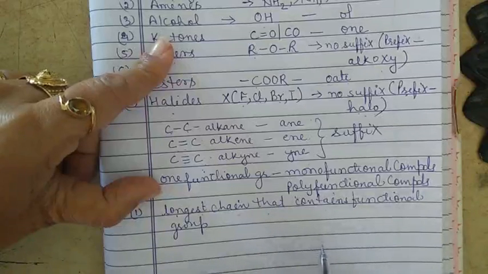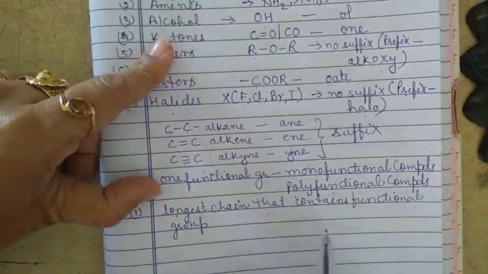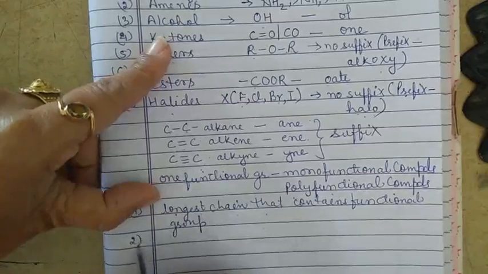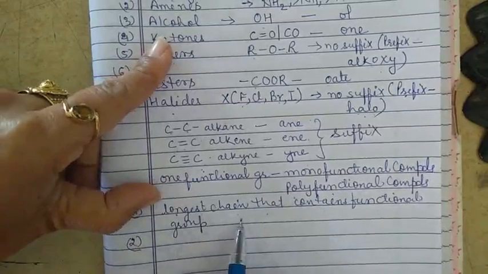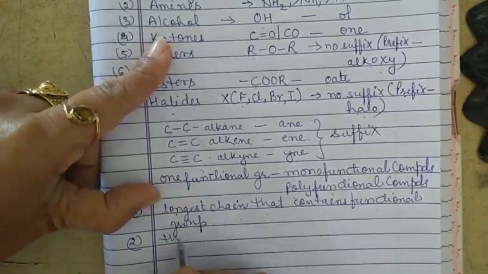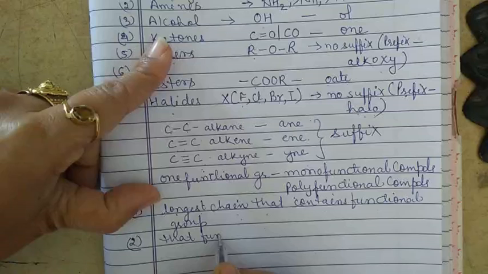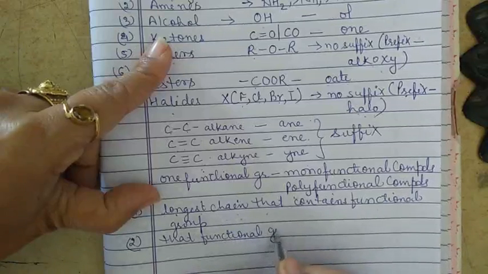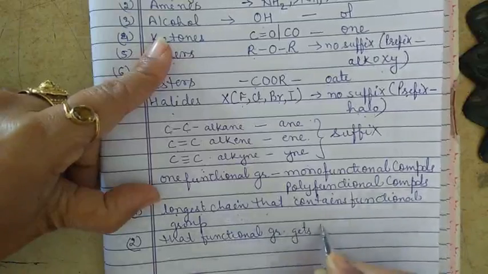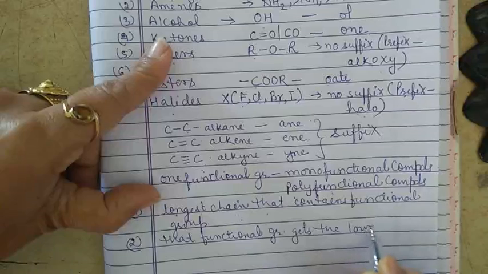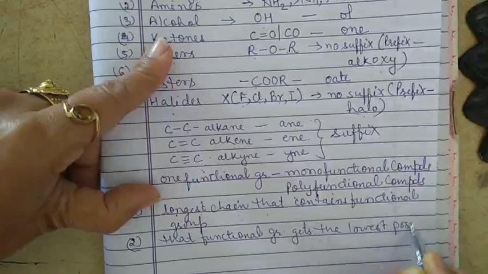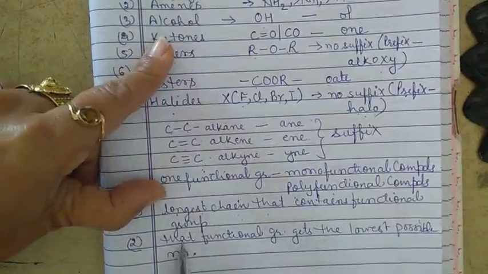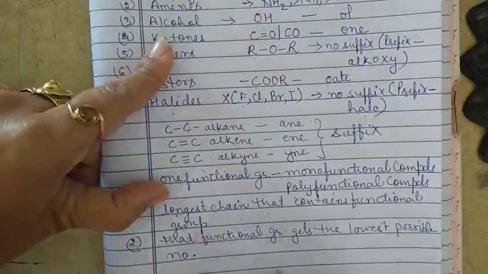The second rule is to number the chain in such a way that the functional group gets the lowest possible number.